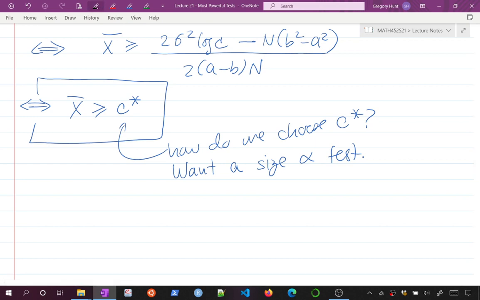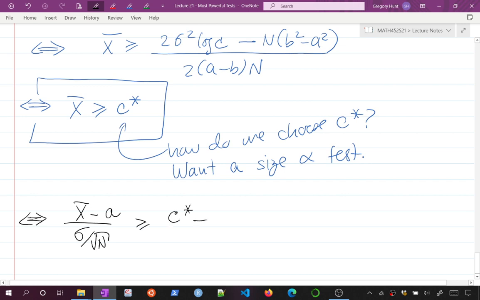So how do we make this thing size alpha? Well, we can play tricks like we played last time. This is equivalent to looking at x bar minus a over sigma over root n being bigger than c star minus a over sigma over root n. I just subtracted a and divided by sigma over root n on each side, so that's an equivalent test.